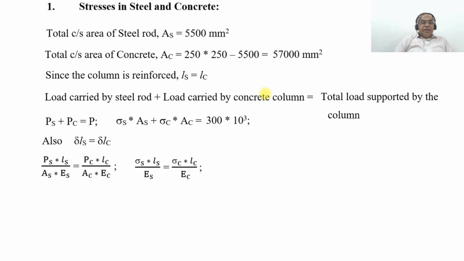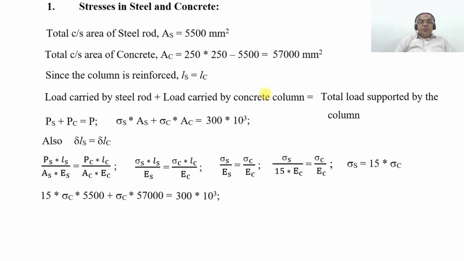So PS by AS, which is sigma S, into LS by ES, will be equal to PC by AC, which is sigma C, into LC by EC. We know that the length of the steel bar is equal to the length of the concrete. So sigma S by ES is equal to sigma C by EC. With modular ratio ES equal to 15 times EC, sigma S will be equal to 15 times sigma C.